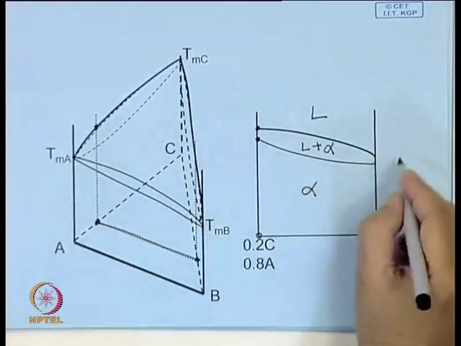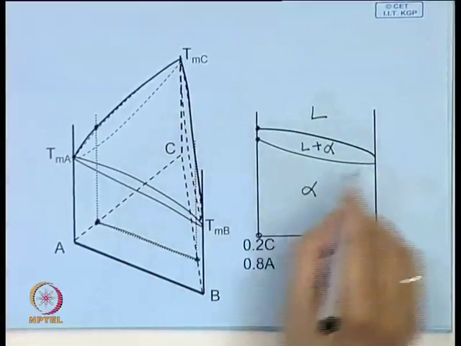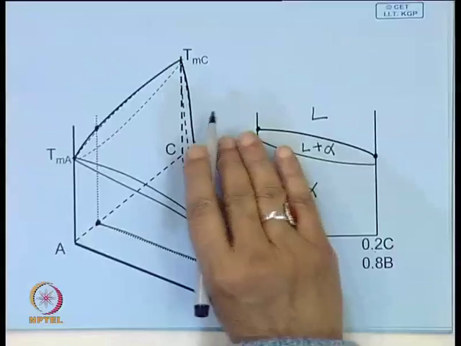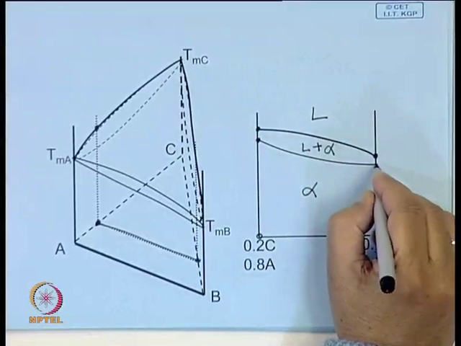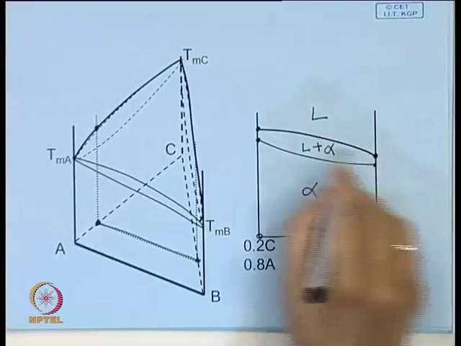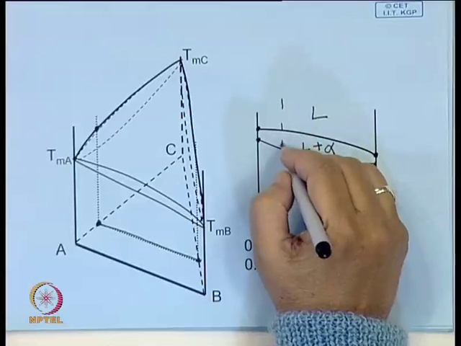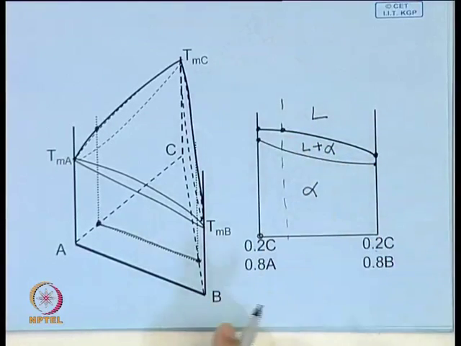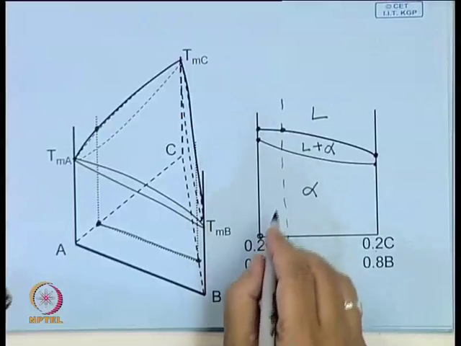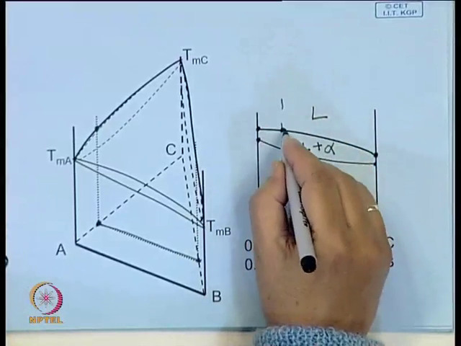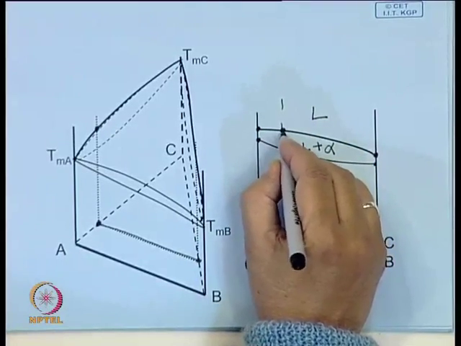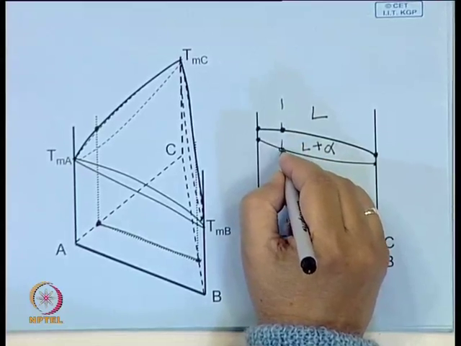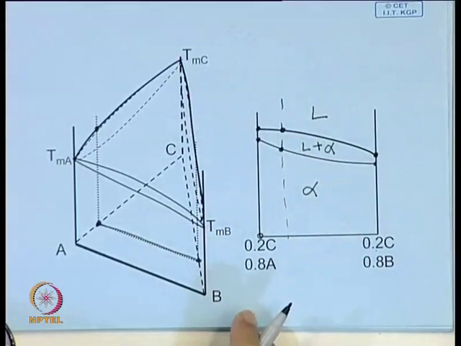So, same way here also you will find it will intersect the liquidus surface here and the solidus surface at this, and in between here at any composition you can see that this is where the solidification starts, and this is the temperature where solidification is complete.